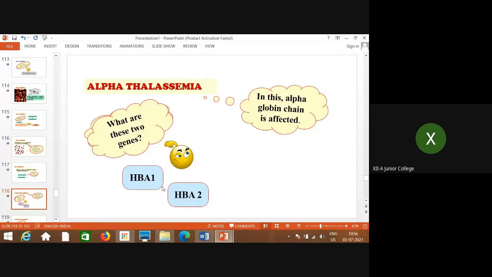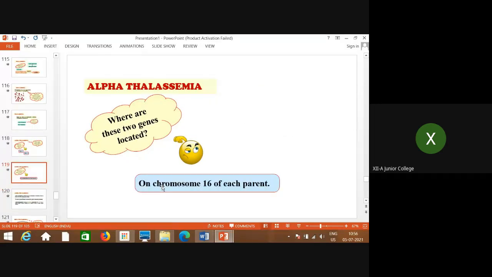In alpha thalassemia, there are two genes, HbA1 and HbA2, and the alpha globin chain is affected. Those two genes are located on chromosome number 16 of each parent.